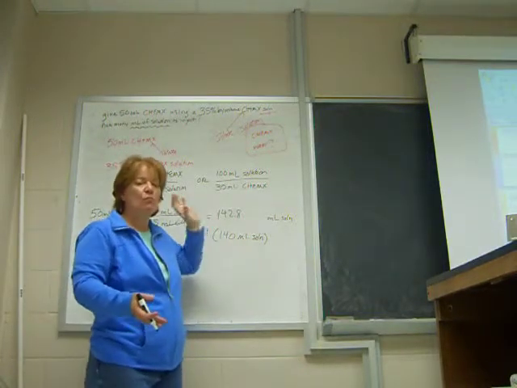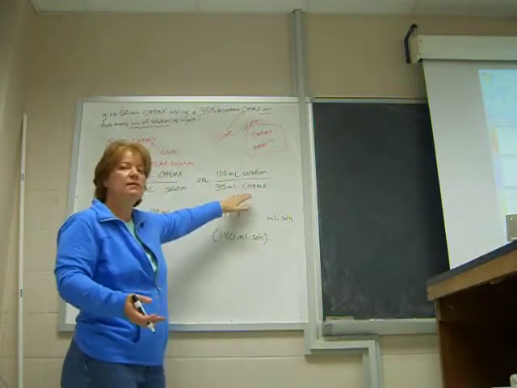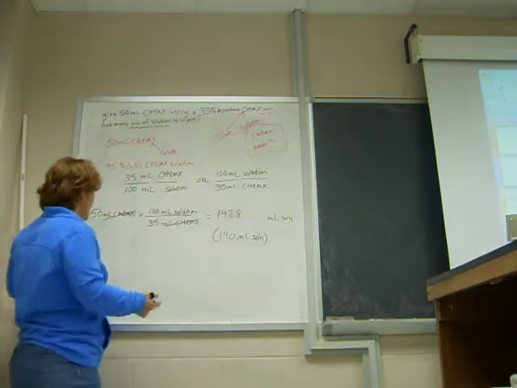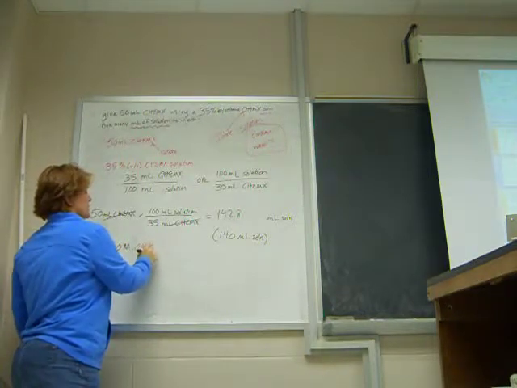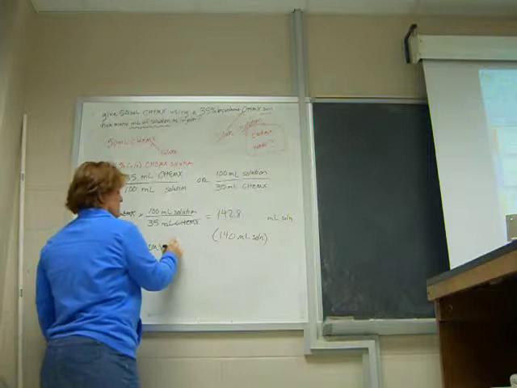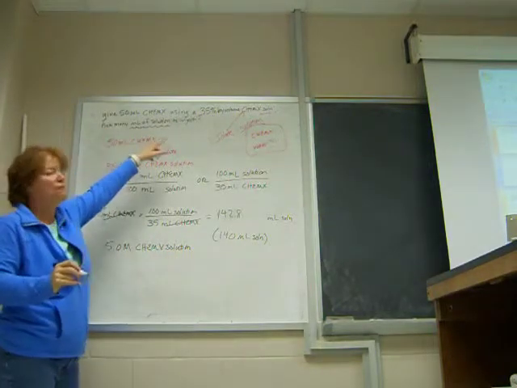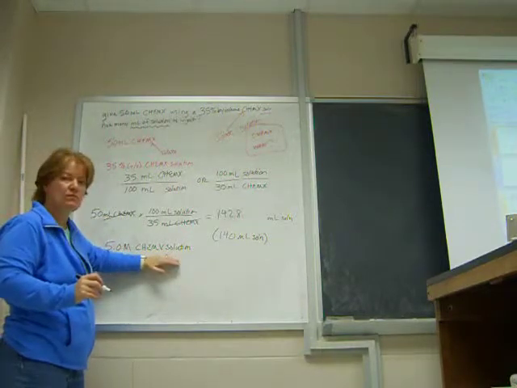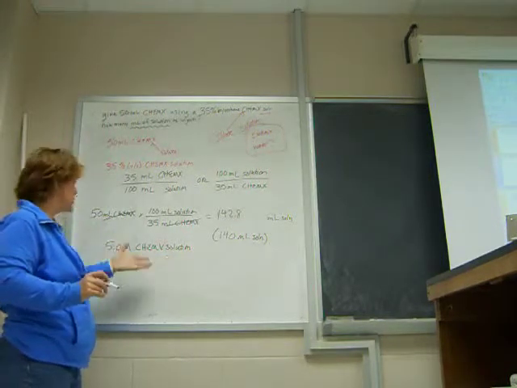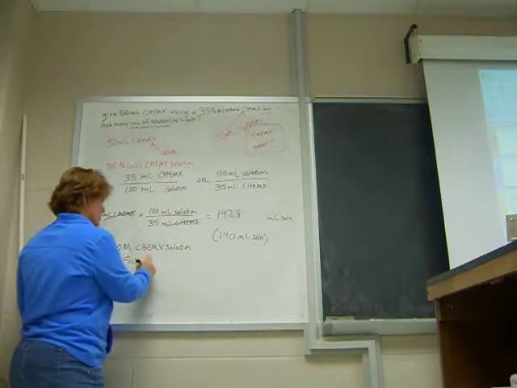This is generally how we're going to work all of these problems. I can use molarity as a conversion factor. So if I said 5.0 molar Chemex solution, instead of using a 35% by volume Chemex solution, I could still come up with this as being 5.0 moles.